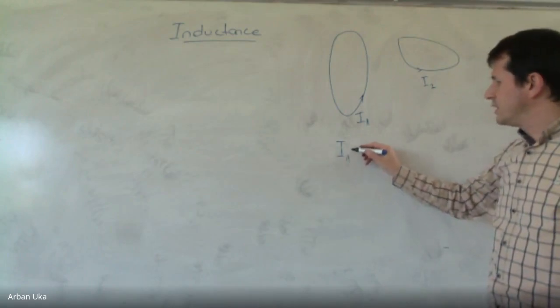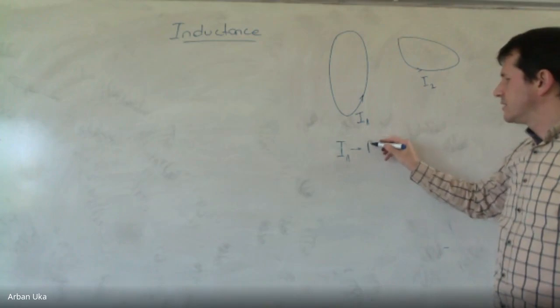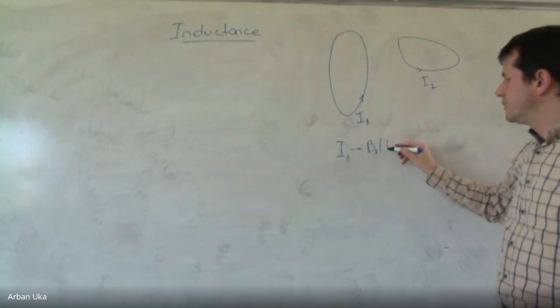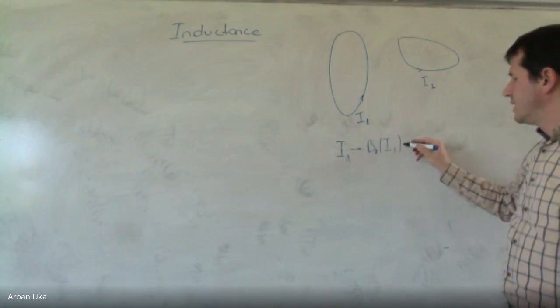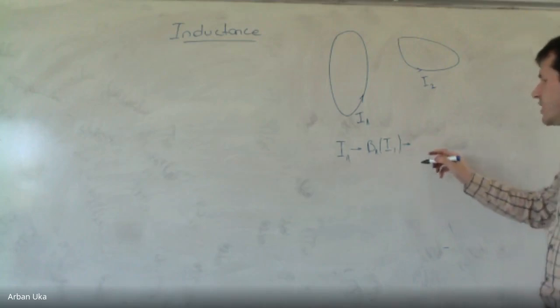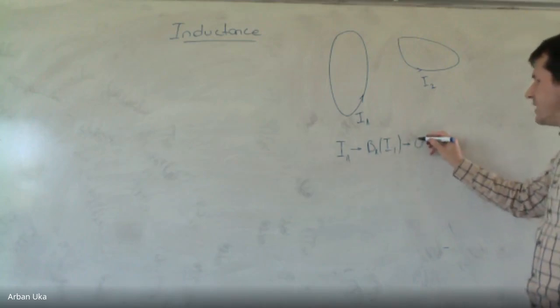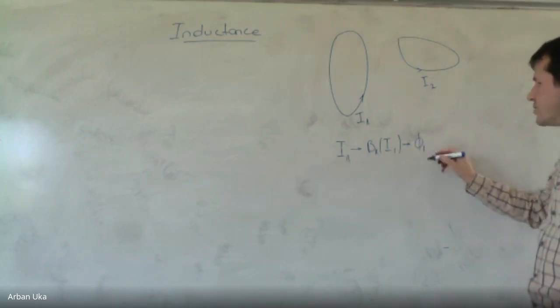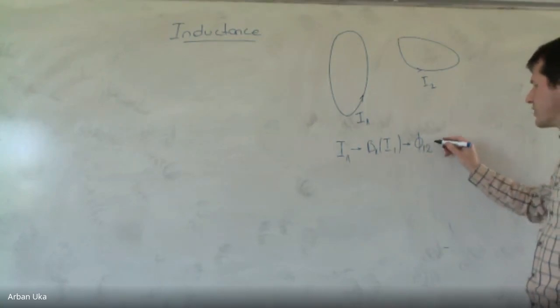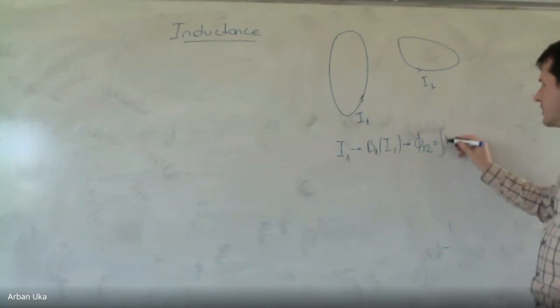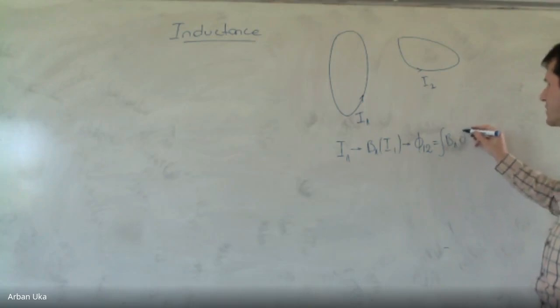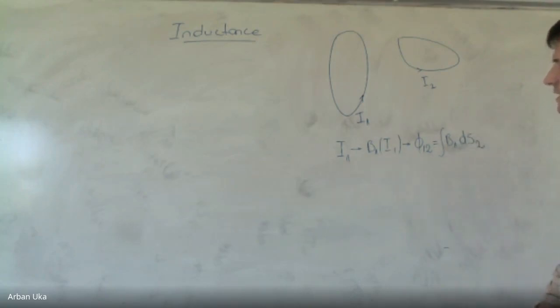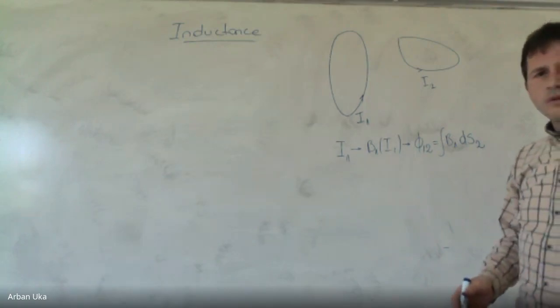Because of this I1, I can find a magnetic field B1, which is a function of I1. And from this B1 as a function of I1, I can find a flux of the first circuit on the second circuit, which is equal to the B1 using dS2. Okay? This is all we want to say.